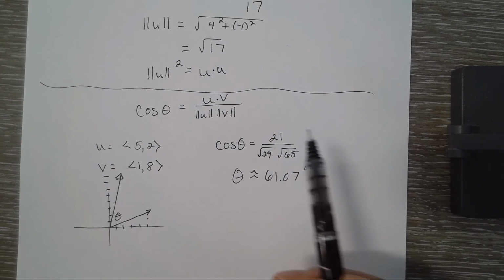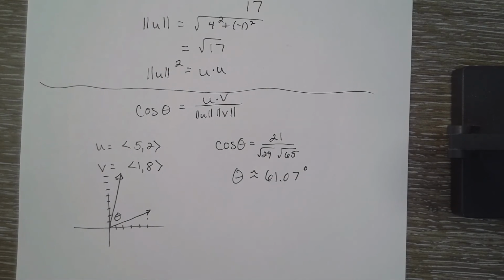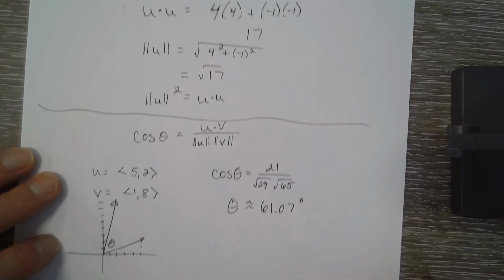I mentioned orthogonal. Orthogonal is just a term used in vectors. It's one of several words in math that basically means perpendicular. They cross at 90 degrees.